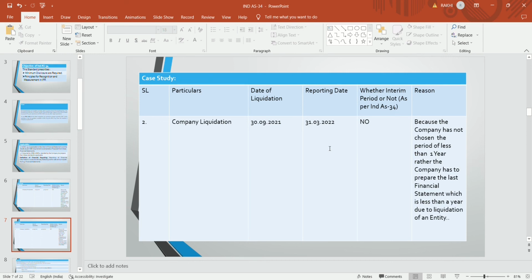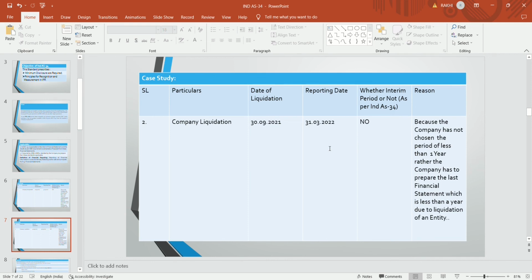So the company is no more listed with SEBI, so the company is not required to prepare an interim financial statement because of the liquidation, and these periods are also not covered because the company got liquidated on 30th September 2021.